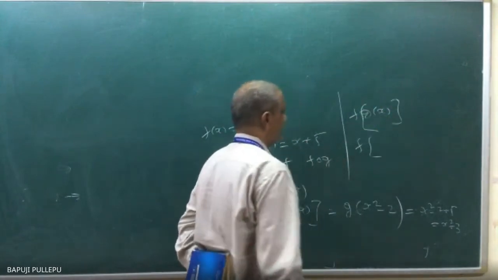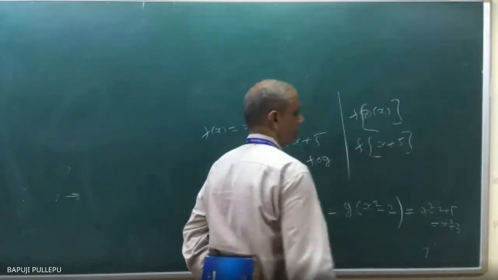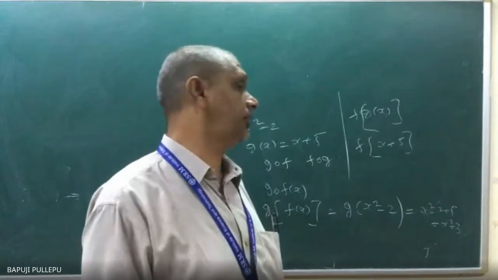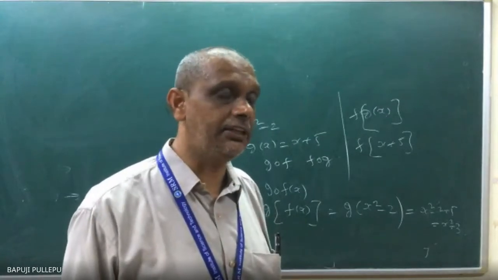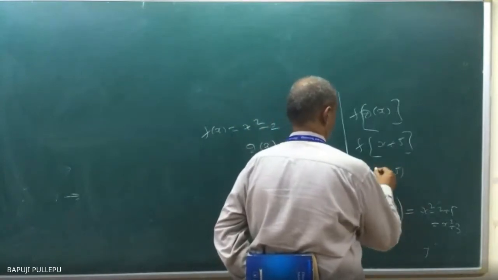Who is g of x here? X plus 5. Now f of x plus 5 means what? In f of x, where I am having x, I want to substitute x plus 5. Then what will come? X plus 5 whole square minus 2. Very good. Simplify, what will you get?